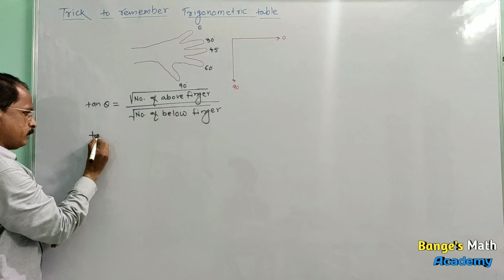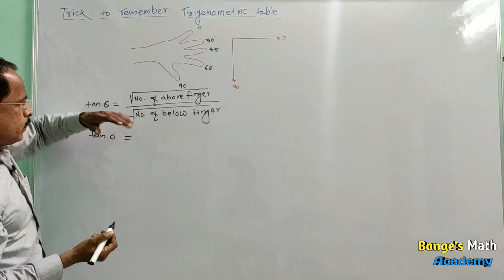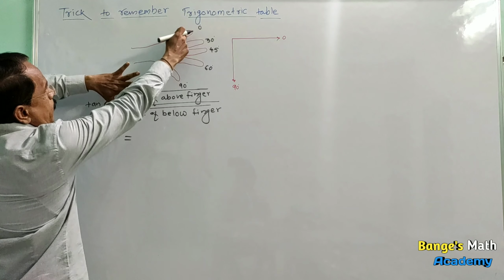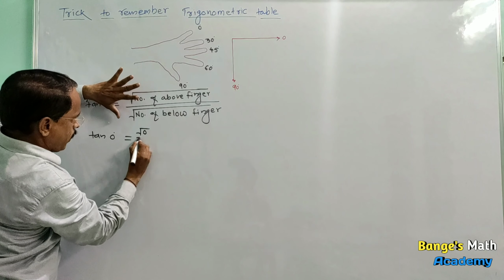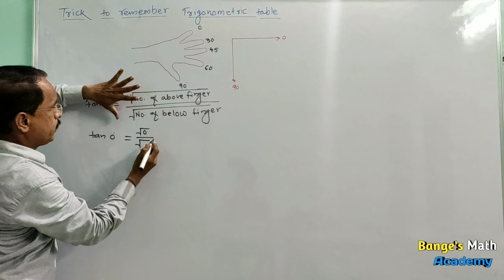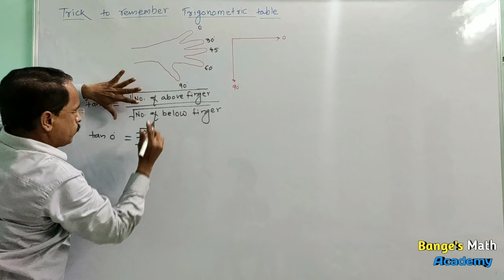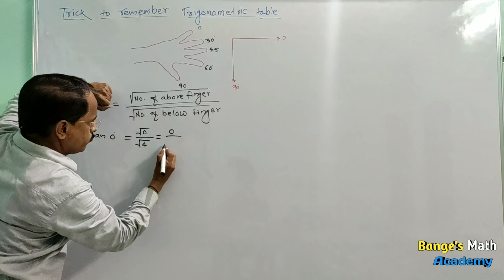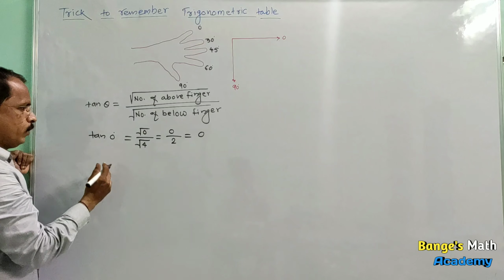See, then tan 0 is equal to square root of number of above finger 0, square root of 0 upon square root of number of below finger 1, 2, 3, 4, square root of 4, is equal to square root of 0, 0, square root of 4, 2, 0 upon 2, 0.